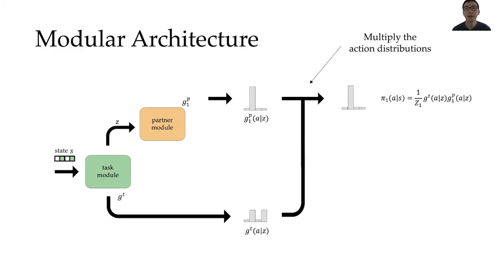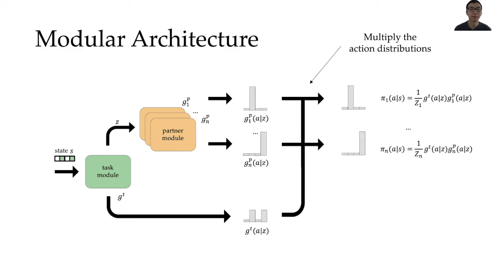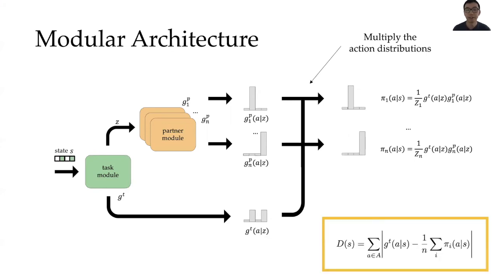And we simply compose these two action distributions by multiplying them together. And for each partner, we have a separate partner module that outputs a different action distribution. So with this modular architecture, we're able to swap out partners and task modules when we're adapting to new situations with new partners and new tasks. We have a regularization term to make sure that the task and partner modules are learning the correct representations.